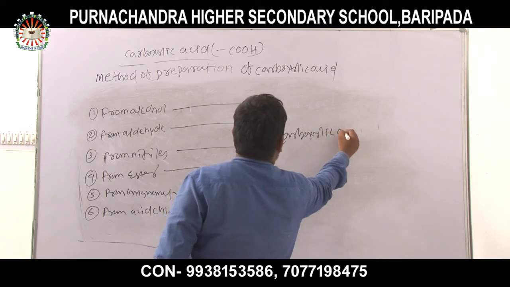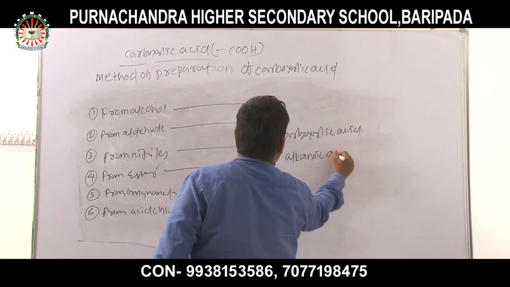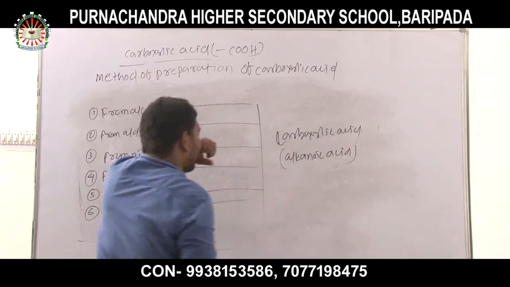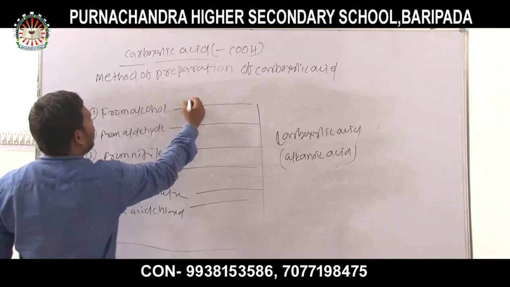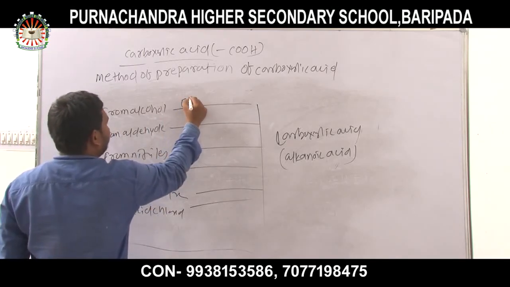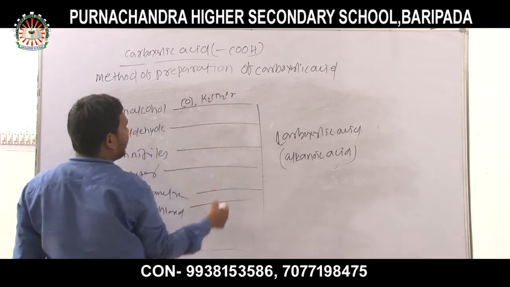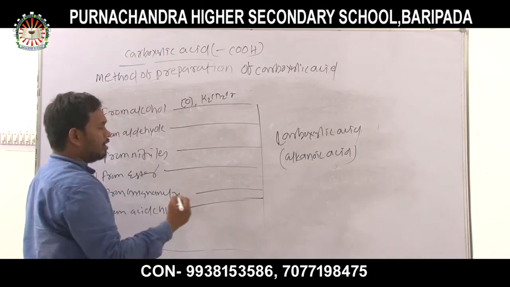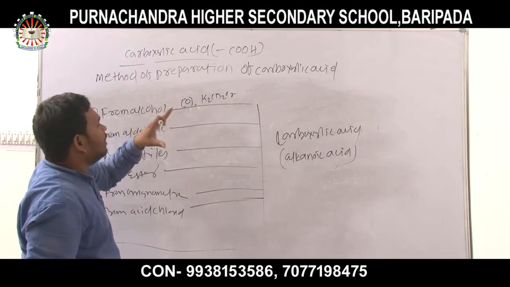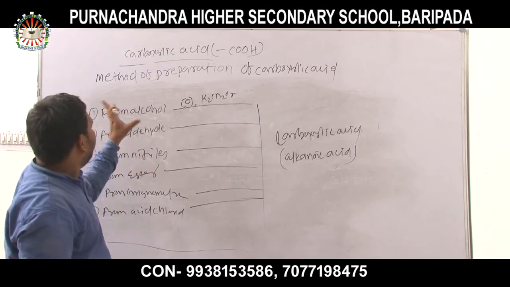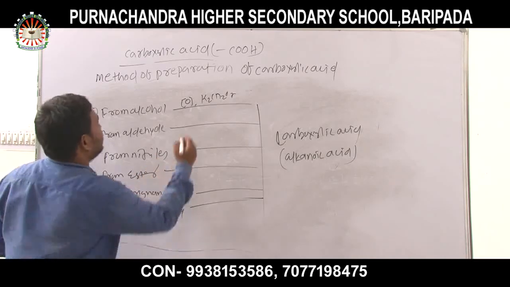Carboxylic acid or alkanoic acid is formed when alcohol undergoes oxidation in presence of K2Cr2O7. It is a diagrammatic way, a trick by which in a very short time we can memorize all the methods of preparation of carboxylic acid.